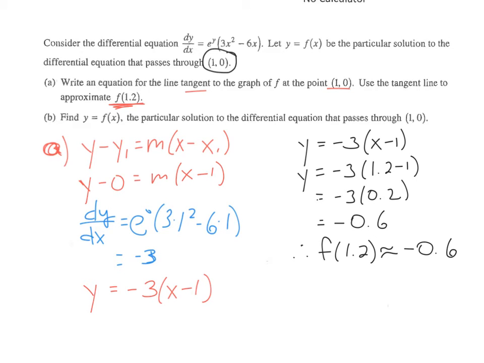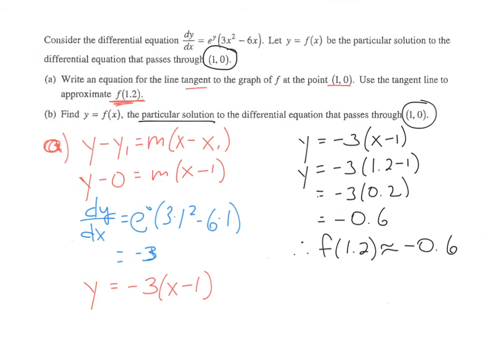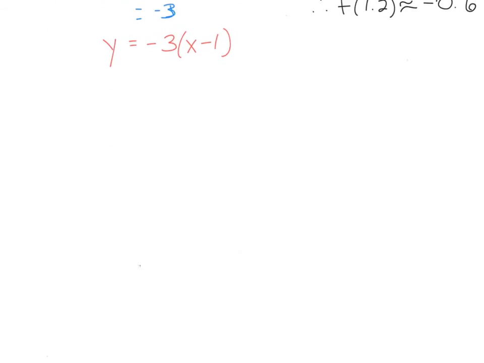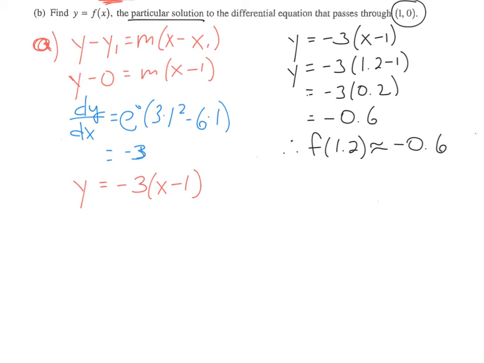All right, for part B now, we are looking for the particular solution that passes through the point (1, 0). So now we've got to separate our variables. So let's see. Do I have enough room? I've got plenty of room. All right.